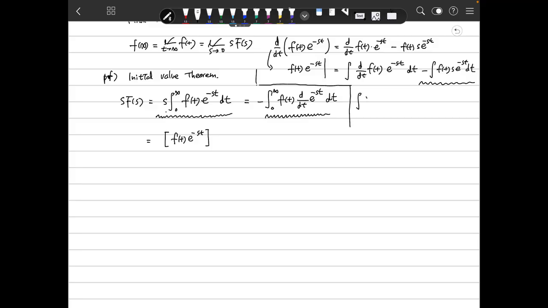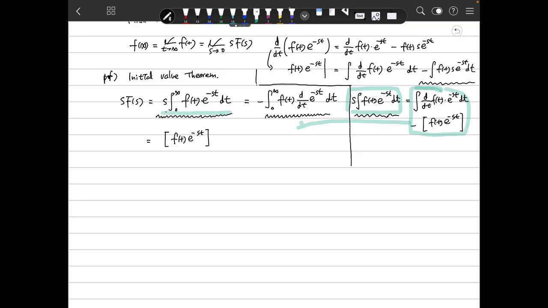So from here, the integral of f(t) s e^(-st) dt will be the integral of d/dt f(t) e^(-st) dt minus f(t) e^(-st). So that will be this.